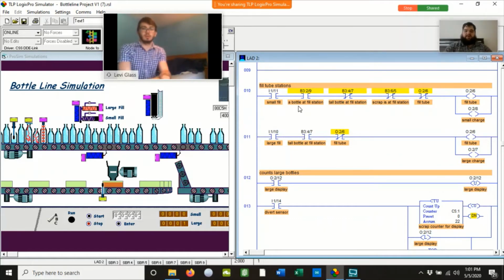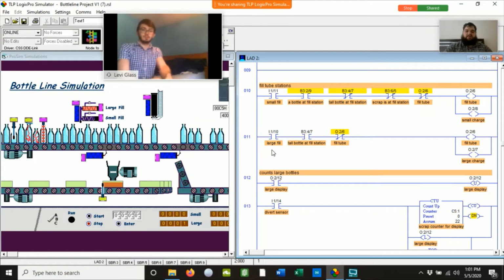However, we do have a bit controlling the location of a small bottle, a bit that controls that there are no tall bottles at the location, and a bit saying there's no scrap there. And the fact that the fill tube is not on will allow the fill tube to turn on, give it a quick charge, and allow the fill tube to retract back.